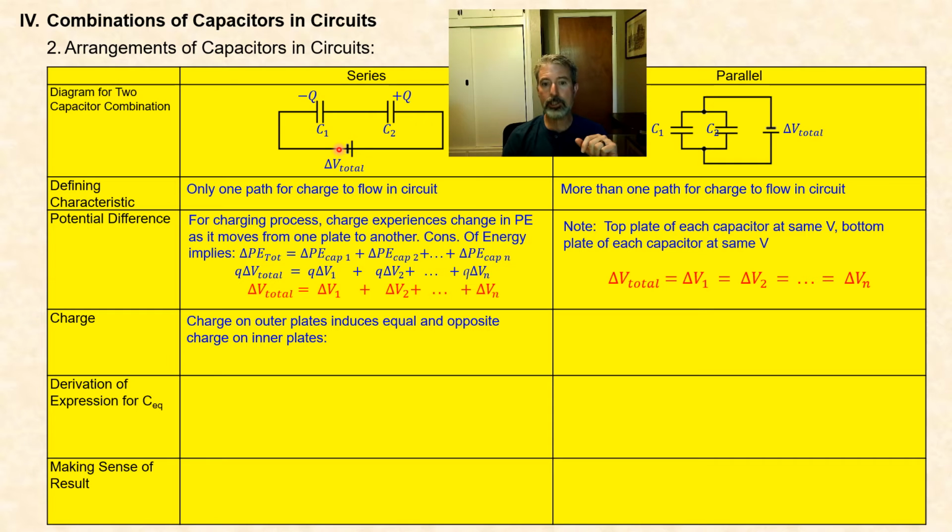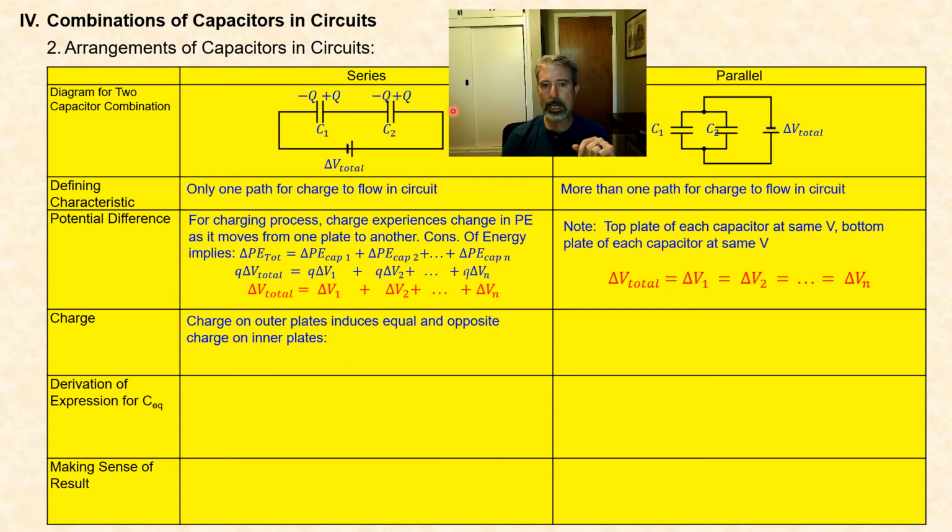So each of these outer plates gets equal and oppositely charged. Once that happens, that's going to induce an equal charge on the inner plates. That's going to force electrons to move from the right-hand plate of capacitor 1 to the left-hand plate of capacitor 2, until we have those plates equal and oppositely charged as well.